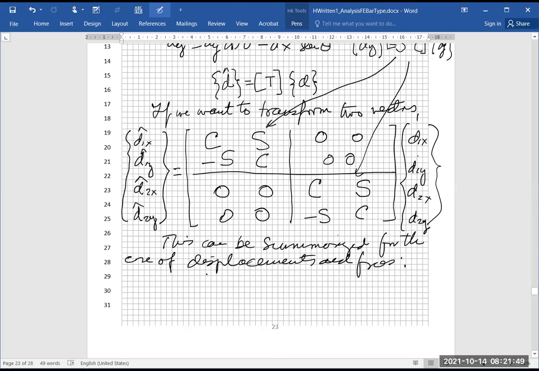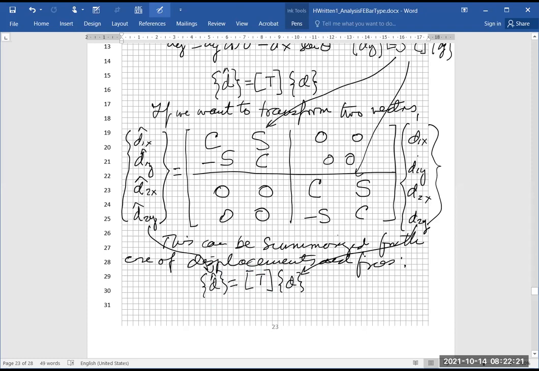So we can say, for example, that d local is equal to, it's similar, but not exactly the same T as before, times d. So this thing here includes the two vectors. Similarly, d includes the displacements of two joints, so they are two vectors.